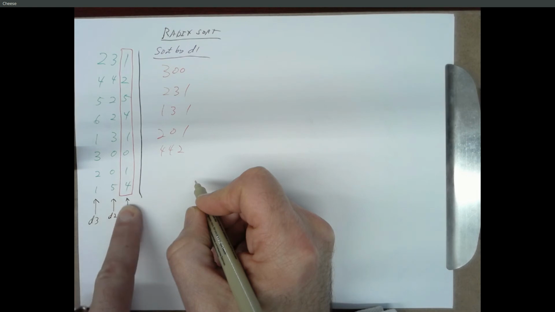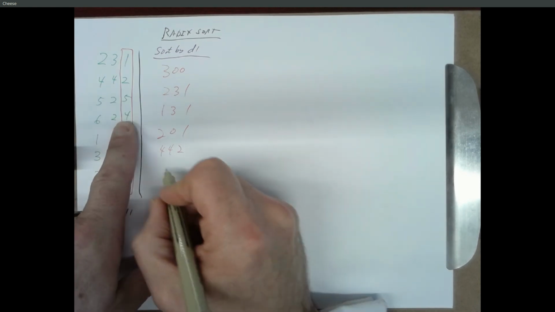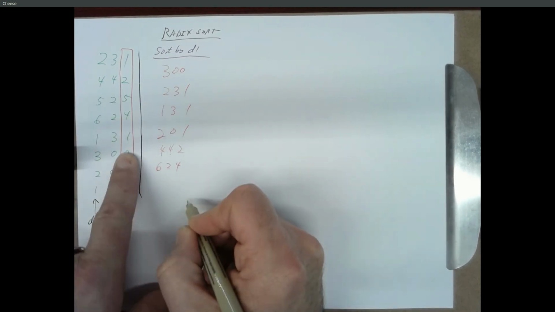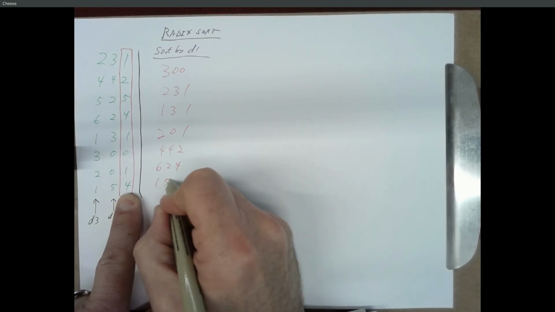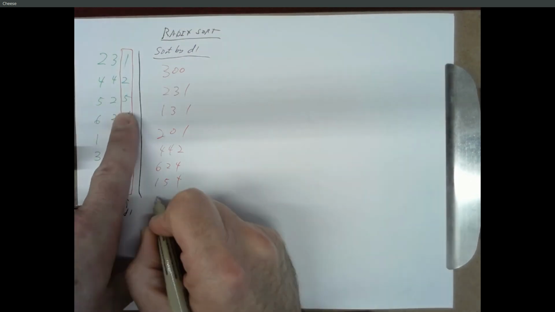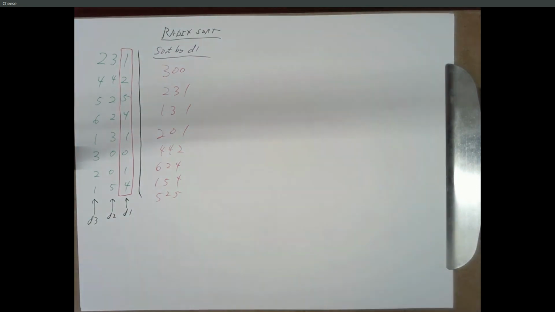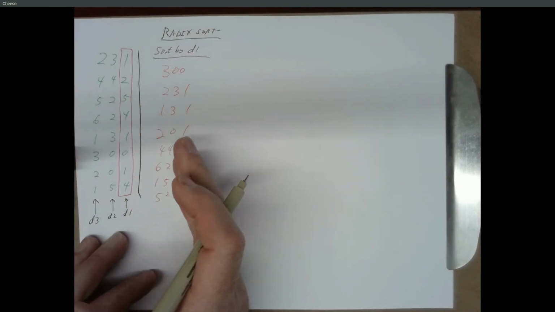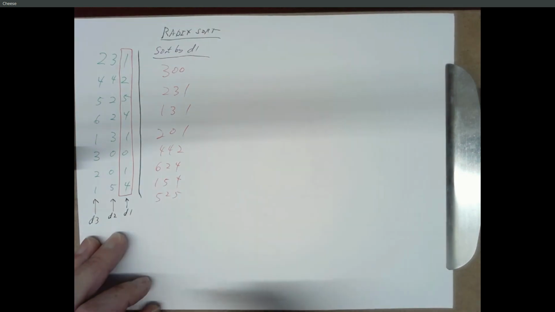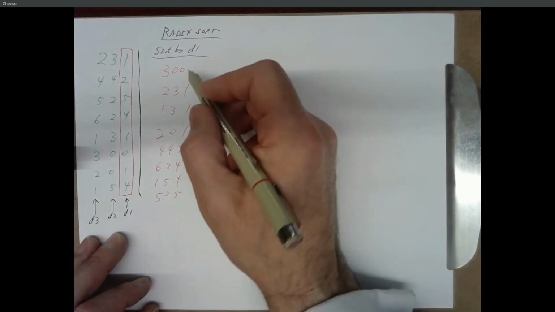Look for 3s. There's no 3s. Look for the 4s. There's a 624, and there's a 154. Look for the 5s. There's a 525. And there won't be any 6s, 7s, 8s, or 9s. So this is our first of 3 steps. The way I did it involved 10 passes through my data, but the result is my data is sorted by this digit D1.